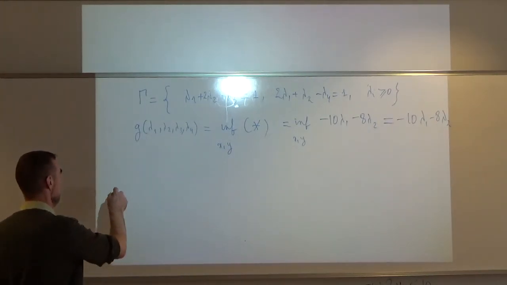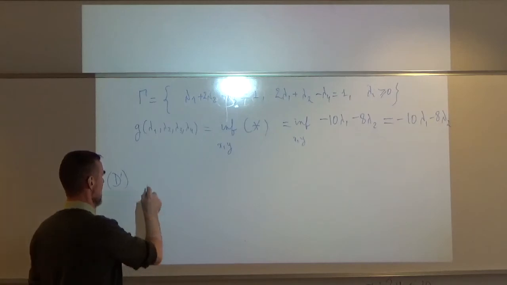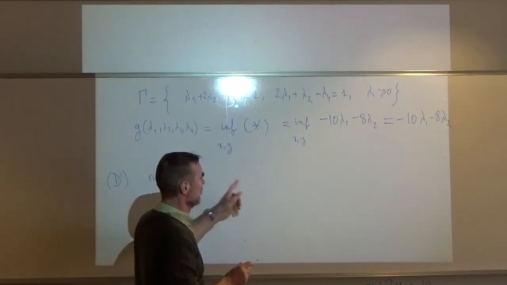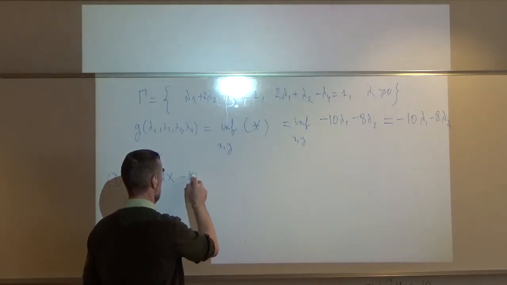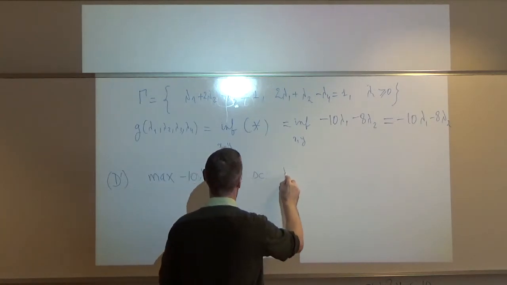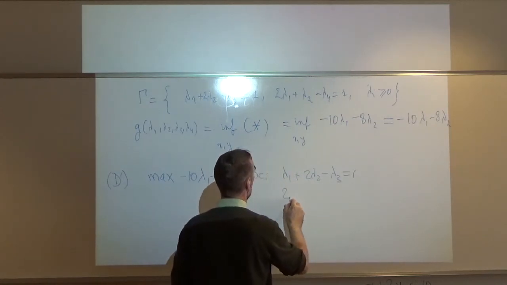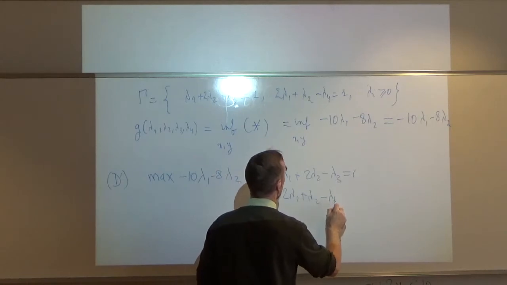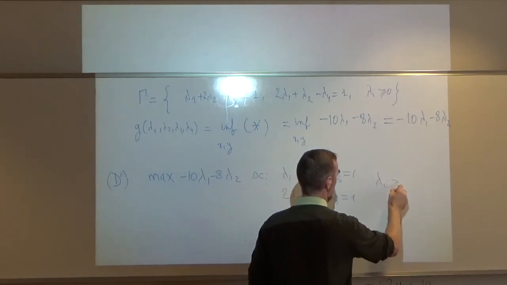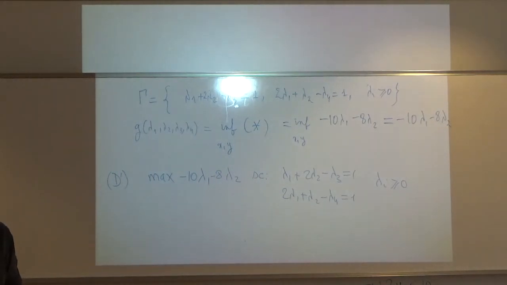So the dual problem, D prime, which I call prime because that's the one that corresponds to P prime, is: maximize the dual function minus 10 lambda 1 minus 8 lambda 2 subject to the constraints lambda 1 plus 2 lambda 2 minus lambda 3 equal 1, 2 lambda 1 plus lambda 2 minus lambda 4 equal 1, and all the lambda non-negative. That's the dual problem, right?